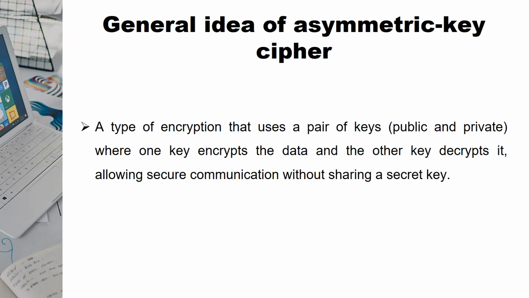Then in asymmetric key cryptography, also known as public key cryptography, two keys are used: a public key for encryption and a private key for decryption. This allows secure communication without the need to share a secret key. RSA is a well-known example of this approach.